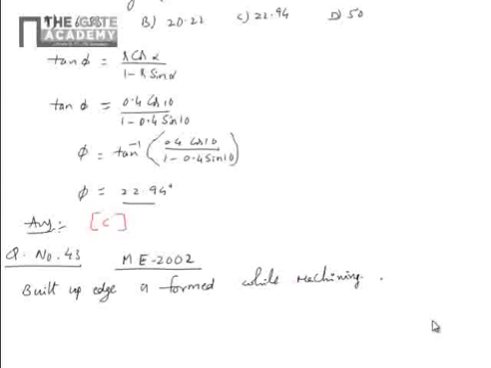Option A is ductile materials at high speed, option B is ductile materials at low speed, option C is brittle materials at high speed, option D is brittle materials at low speed. A built-up edge will form only with ductile materials, that we know. So you can eliminate options C and D.